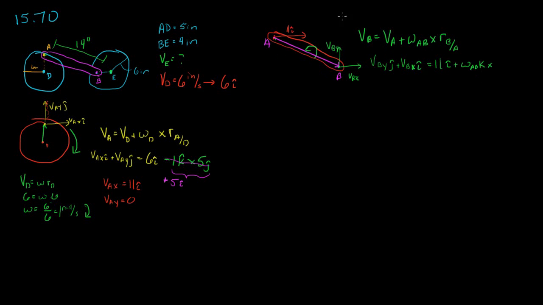Now when we do this, we need to use some other pieces of information that we have. We know that this hypotenuse right here is 14 inches, and this is going to be some triangle. What do we know this is? We know that if we start here, this is 6 inches, and up to A is 5. So this right here is 5 inches, just from the geometry of the problem.